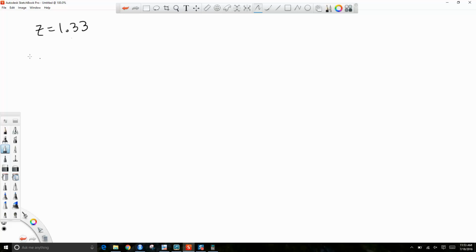And we can say, what is the probability that a random z is 1.33 or more away from the mean?